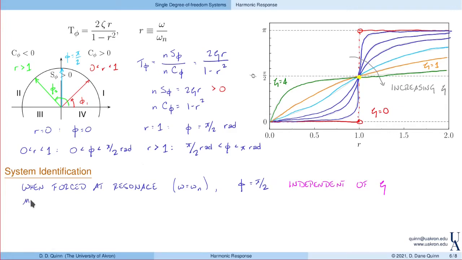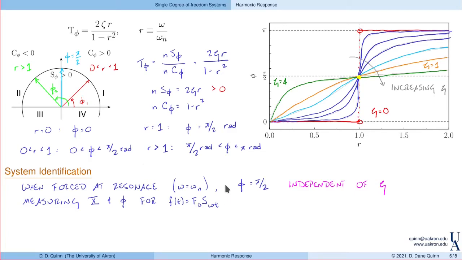Again, measuring the amplitude and phase, and in particular measuring x and phi for harmonic forcing, amplitude f naught, frequency omega.